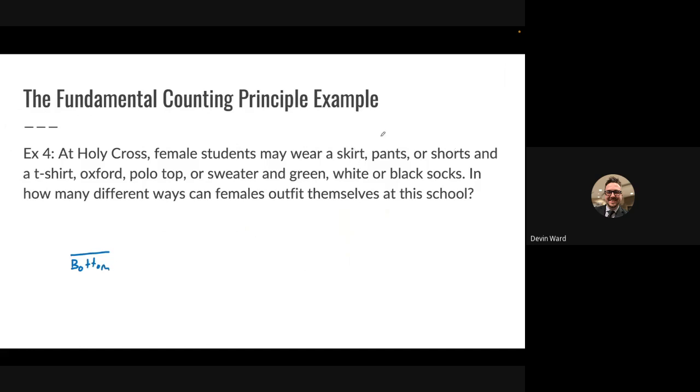So we have 3 different options for them. If we look at the top of their clothing, what kind of top can they wear? They can have a t-shirt, an Oxford, a polo, or a sweater. So they have 4 different options for the top.